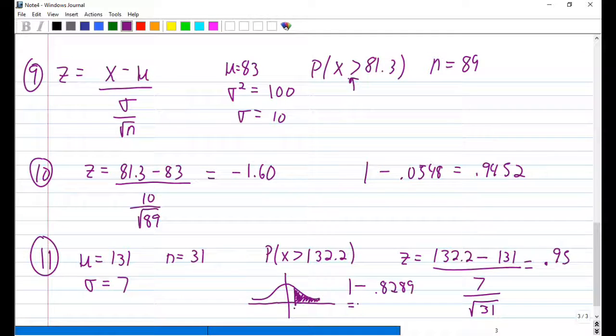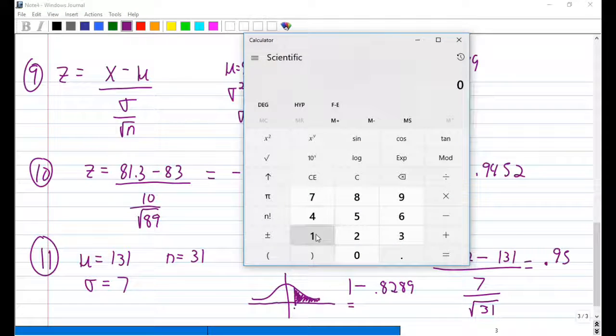Do that in your calculator, and you should get 0.1711.